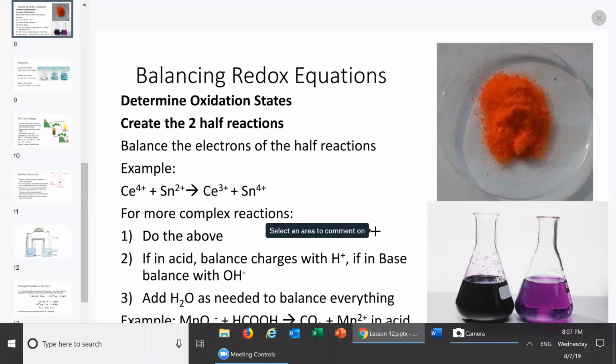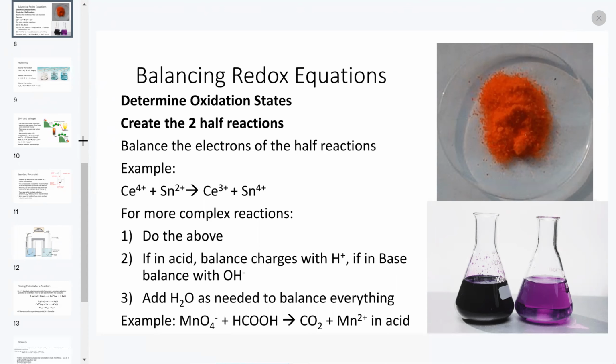Unfortunately, not all redox reactions are that simple. A lot of reactions involve other atoms like oxygen that we need to deal with. It turns out that a lot of these redox reactions are in an aqueous solution, in other words, dissolved in water. So it depends whether the water is acidic or basic.